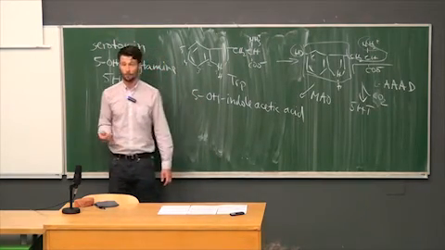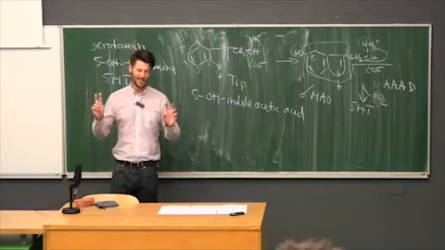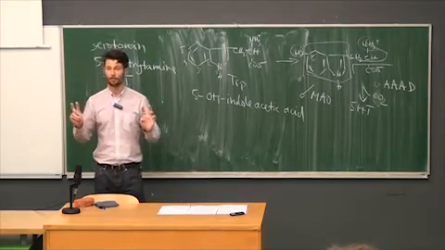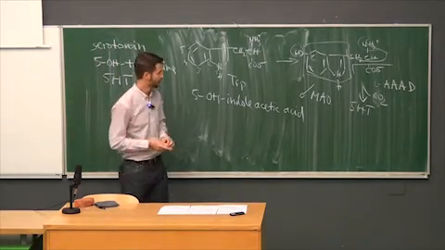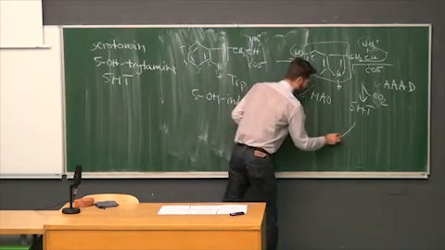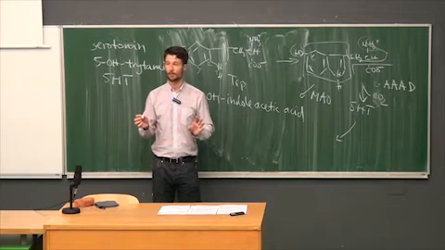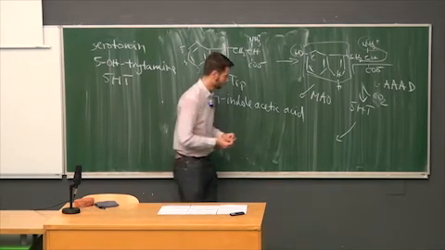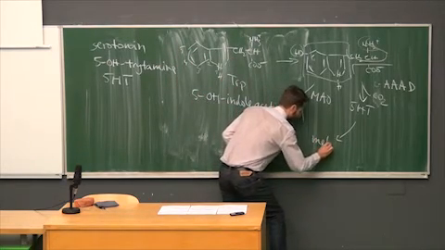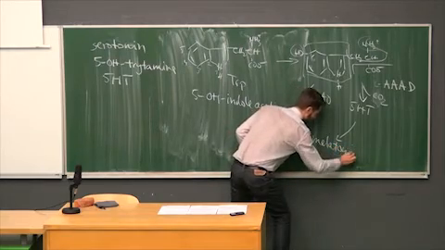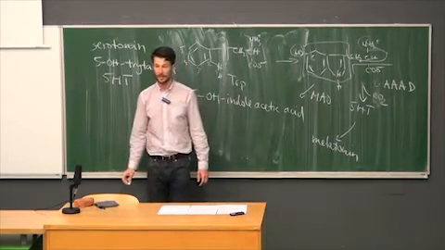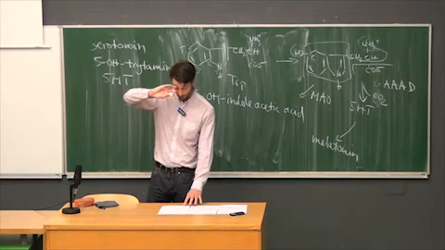There is another way to not really degrade serotonin, but to turn it into something else. And that's the synthesis of a different hormone called melatonin. Melatonin is synthesized from serotonin.